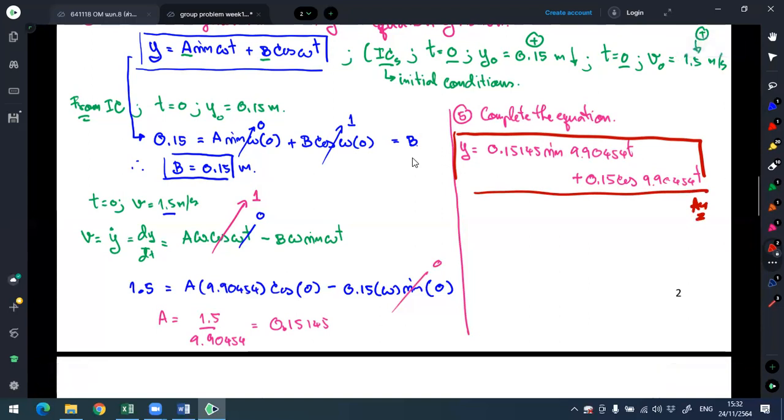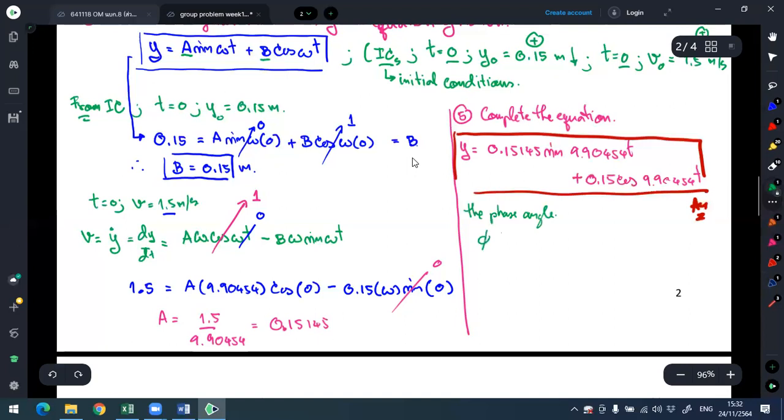And then the phase angle. The phase angle is the arctangent of b over a, that is the arctangent of 0.15 divided by 0.15145.